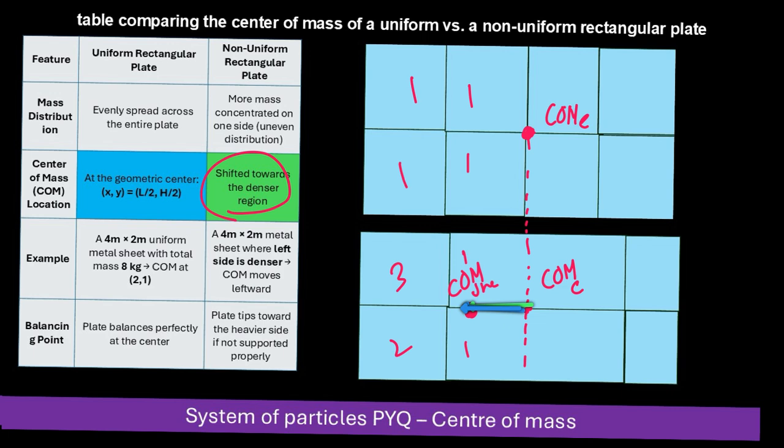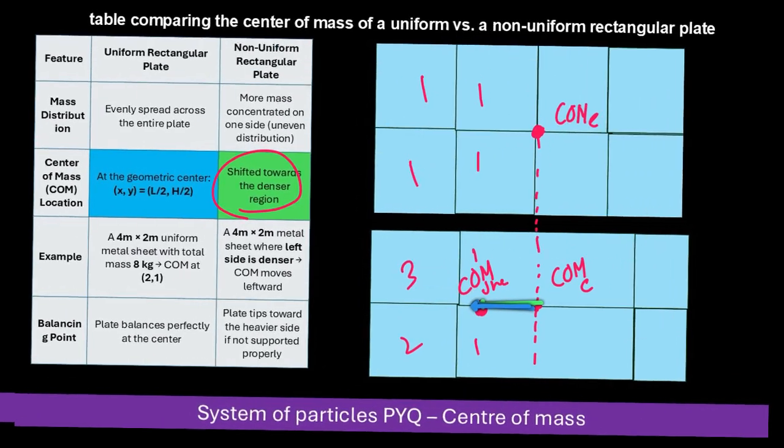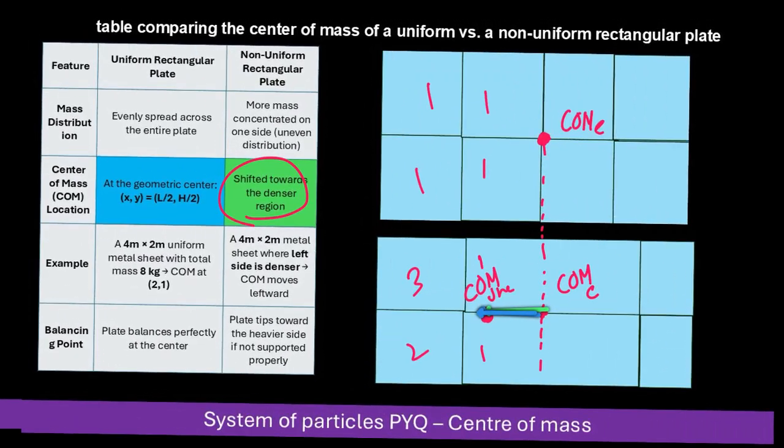Okay, so now let us try to emphasize more on the numerical part: to find out the center of mass of individual figures, and then how to find out the center of mass of individual figures with respect to an origin.